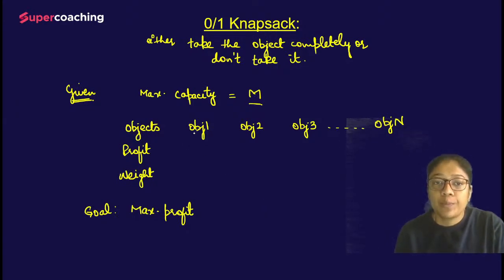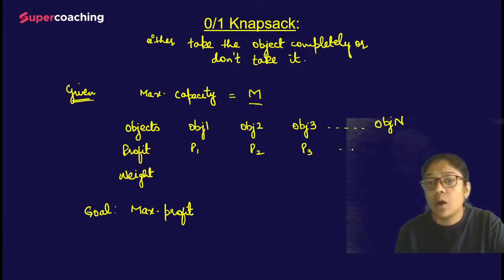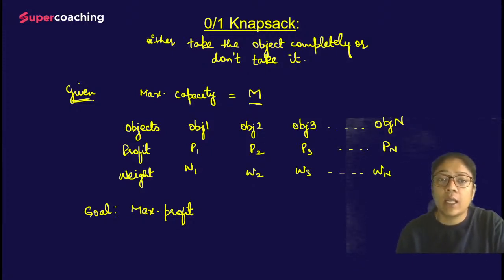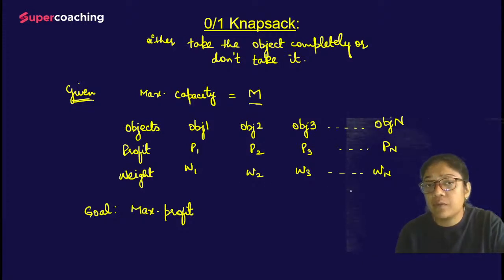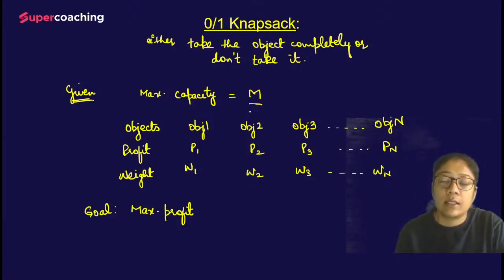Okay, so corresponding to object 1, profit is P1, P2, P3, and so on up to Pn. Weight is W1, W2, W3, and so on up to Wn. So what is the problem? When everything is given, where is this capacity used and why? Because here the problem is that the sum of the weight of all the objects is greater than the maximum capacity. This means that we cannot take all the objects.